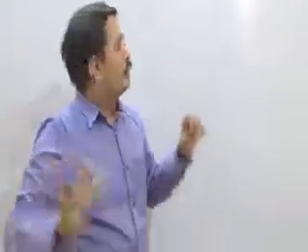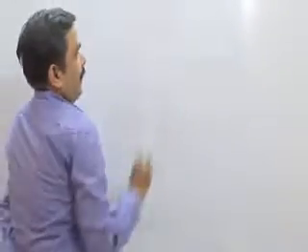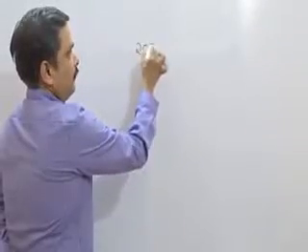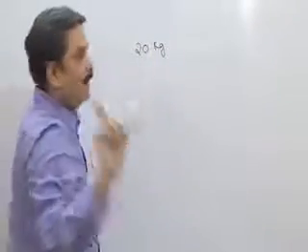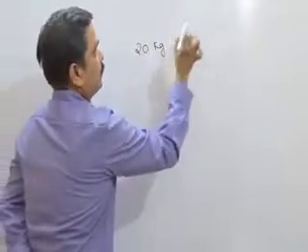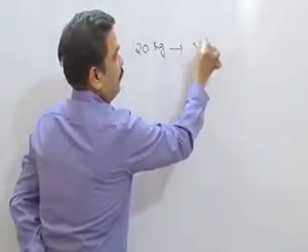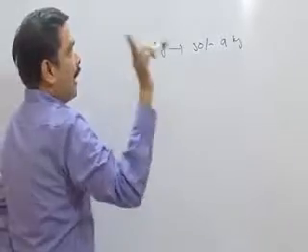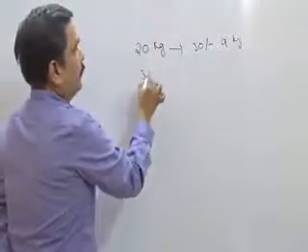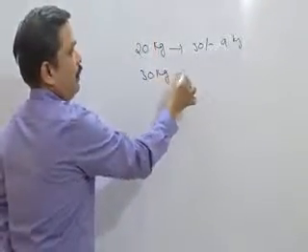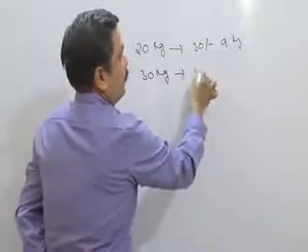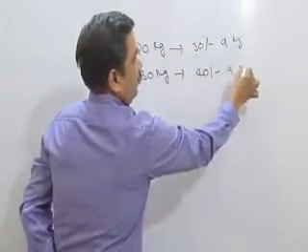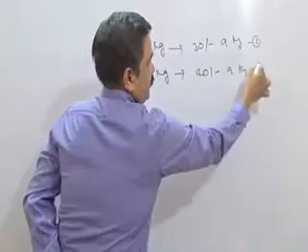Suppose they give it this way: a trader has 20 kgs of rice of one variety, costing him 30 rupees a kg. And he has another quantity, 30 kgs of rice costing 40 rupees a kg. This is the first variety, this is the second variety.